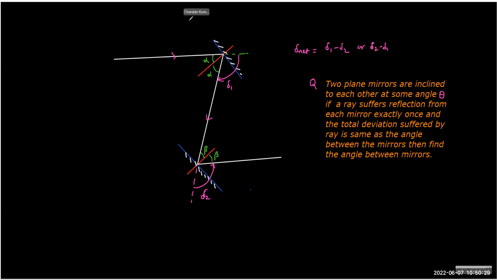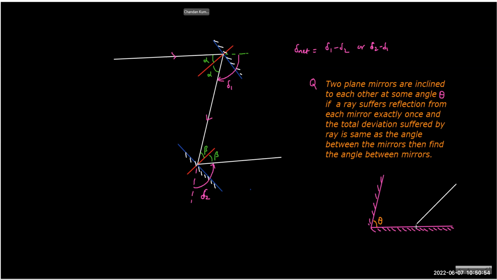You can think of it this way: two plane mirrors, maybe I can just draw randomly.